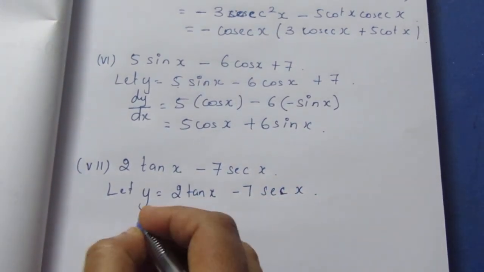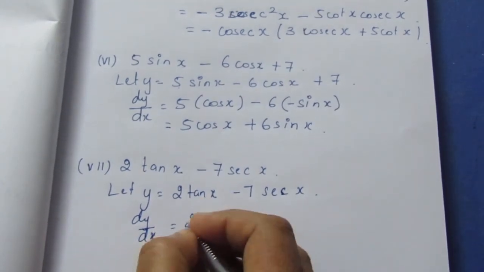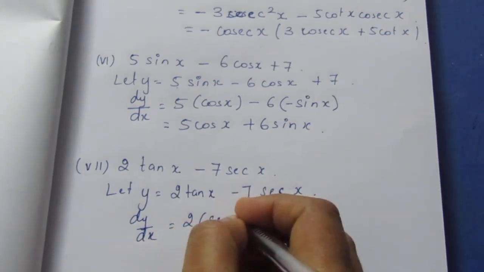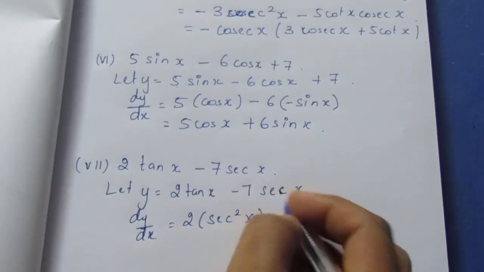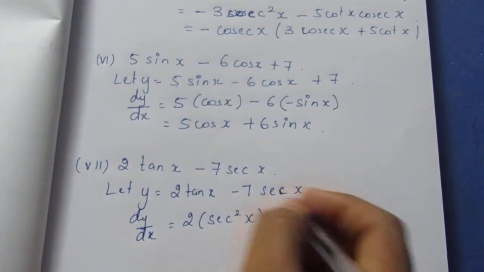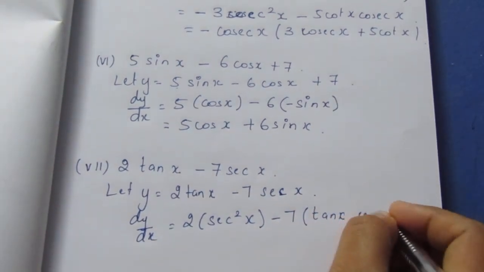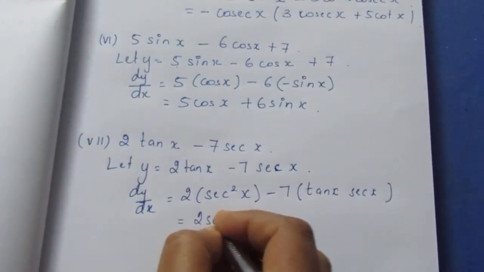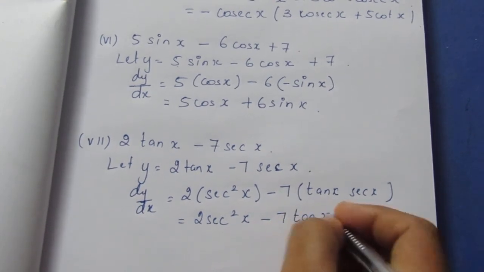Now differentiating, it's in addition or subtraction, so easy. 2 into, for tan x we have found it to be secant square x, minus 7, already we have found for secant x, it is tan x into secant x. Now this becomes 2 secant square x minus 7 tan x secant x.